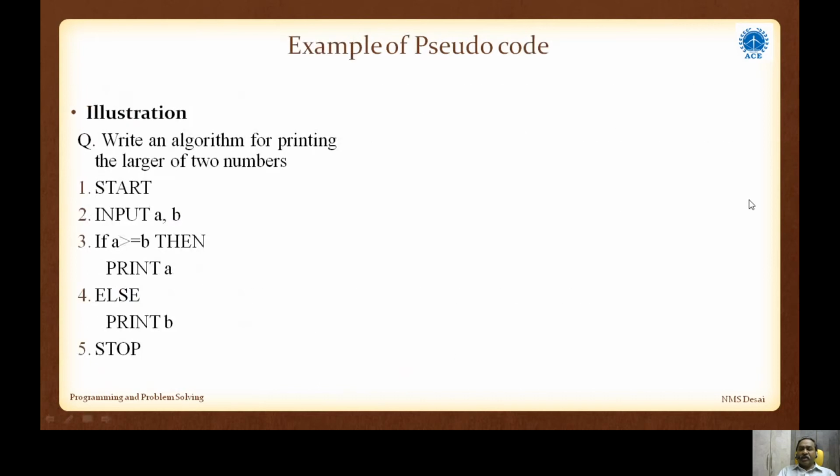The same problem I have taken, to demonstrate the ease with which we can move from pseudocode to algorithm. I have taken again printing the larger of two numbers. I have taken the algorithm from there. We'll see how.